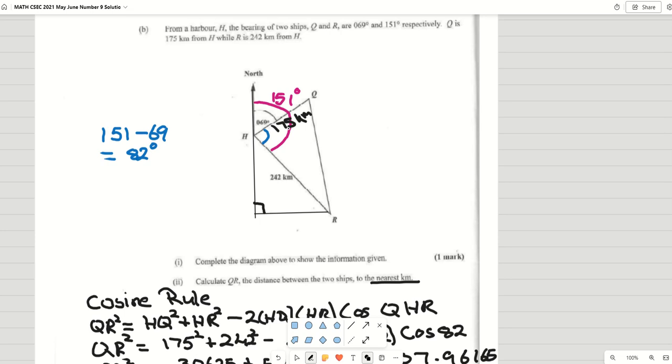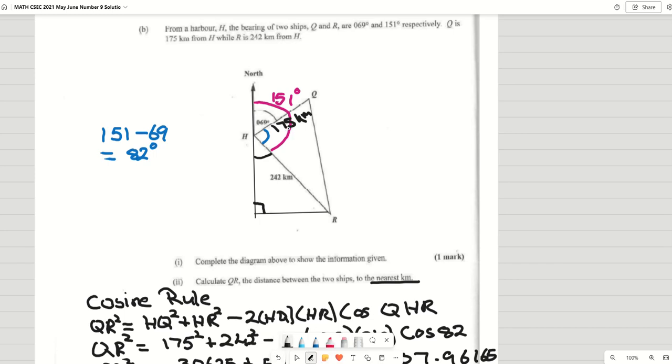This angle and the black angle add up to 180 because they're on a straight line. So the black angle is 180 minus 151.